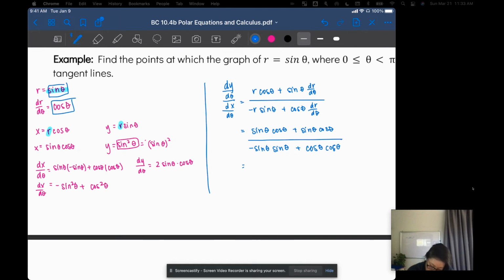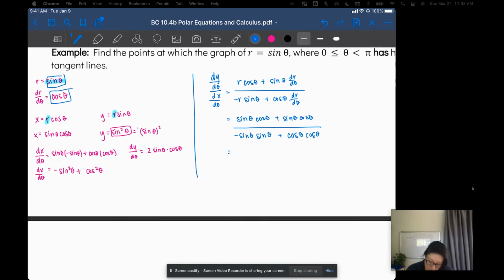Okay, so I'm just going to clean this up a little bit. Sine theta cosine theta plus sine theta cosine theta is 2 sine theta cosine theta, all over, this looks like cosine squared theta minus sine squared theta.